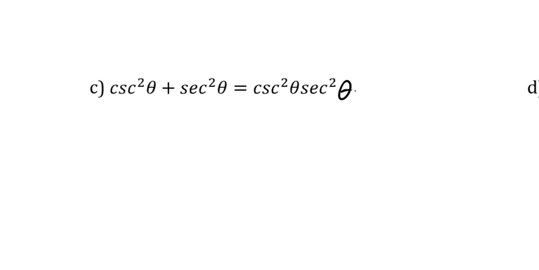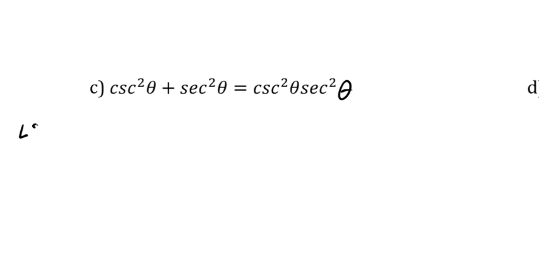You could try to prove it if you want. But if you think about what cosecant squared theta and secant squared theta are, they're reciprocals. I don't know that it would make sense that they always add to 1. You could think about other reciprocals and see if they hold that pattern. But anyway, that's not how we're going to solve this one.